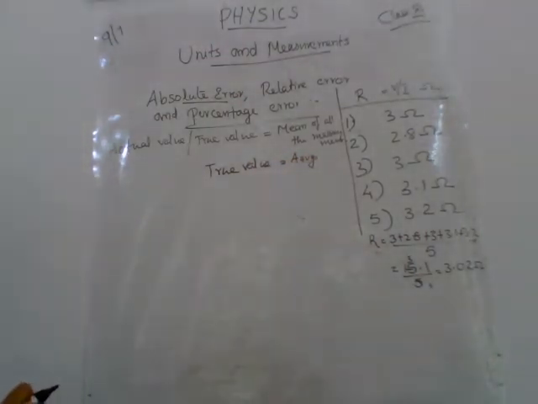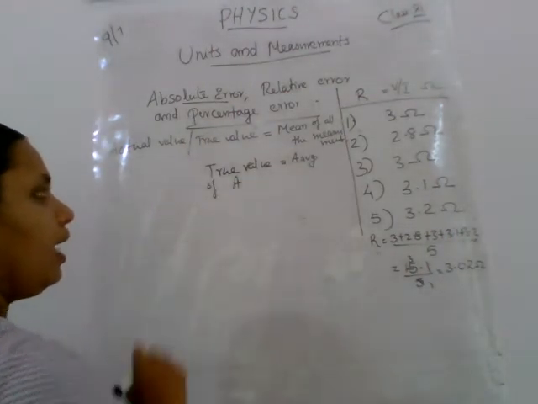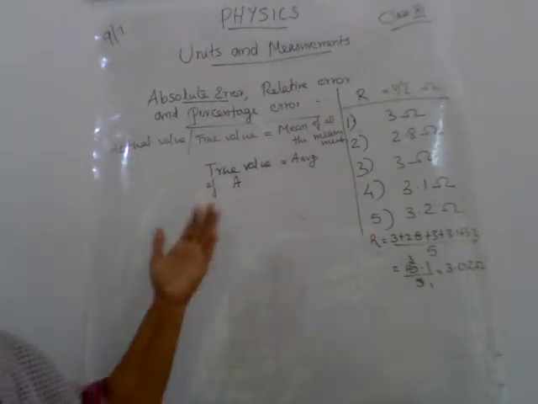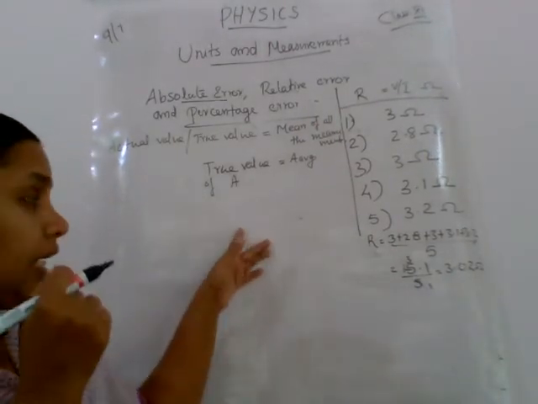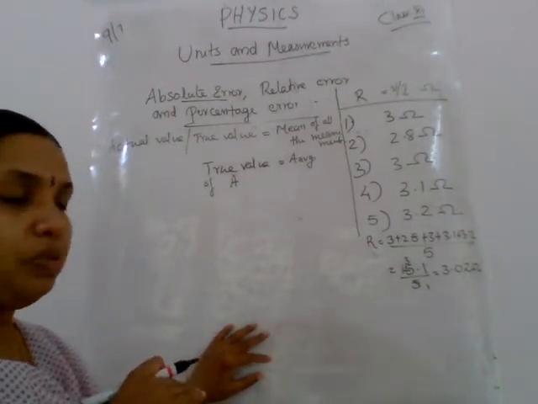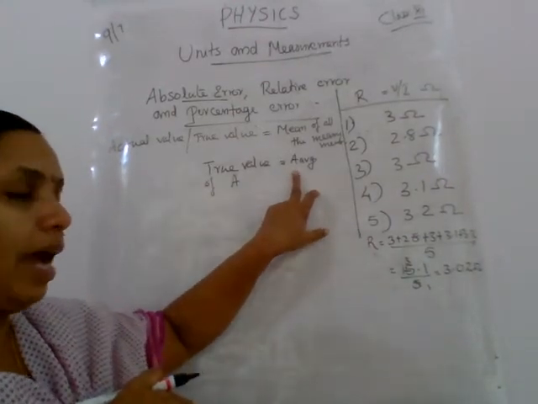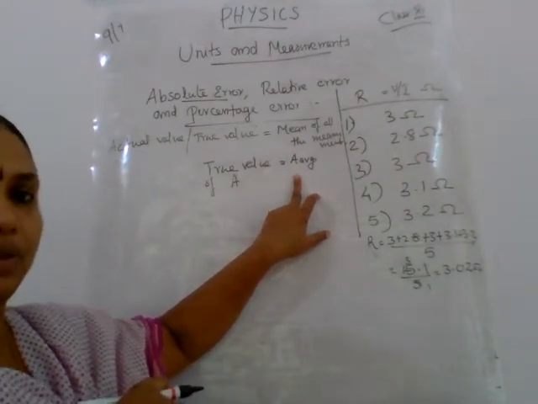So the average of A is the true value of A. What is A? A is a physical quantity. For example, it may be force, velocity, acceleration, anything. So in general, we are representing it as A. What is its true value? It is equal to its average value.